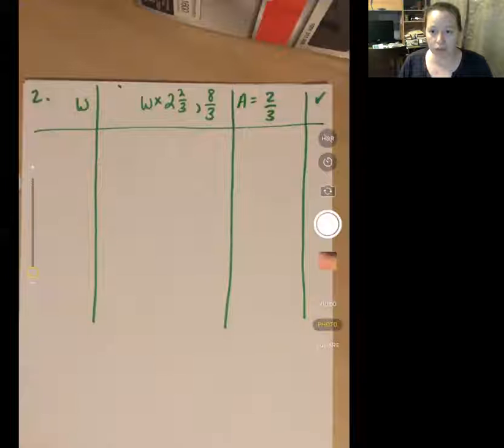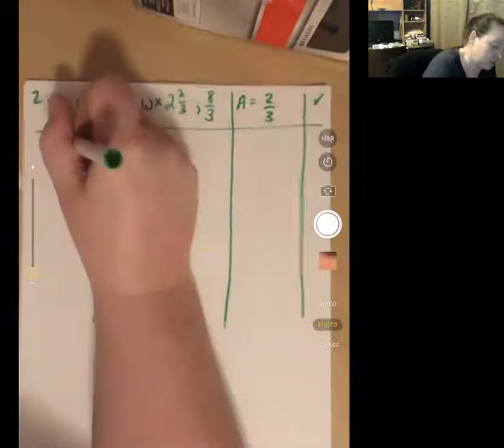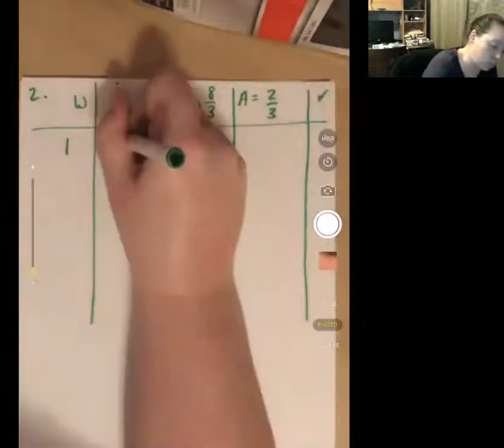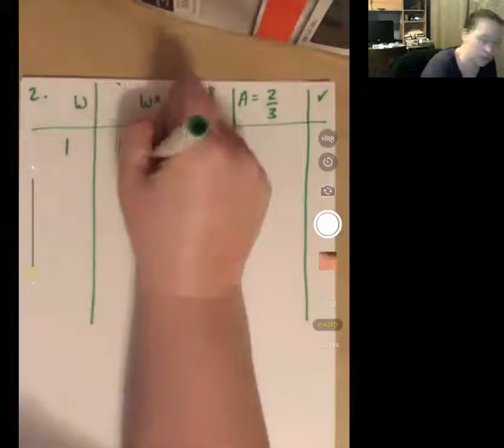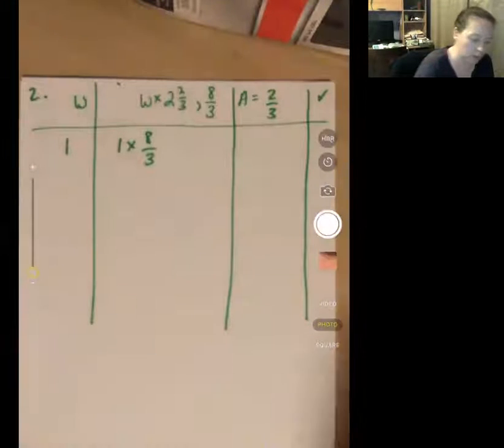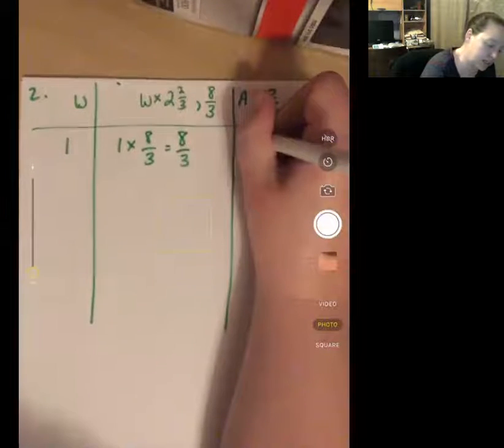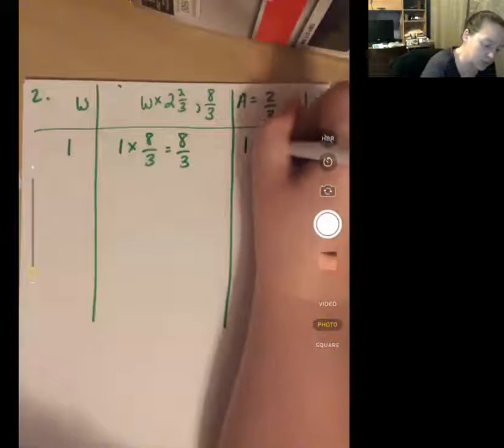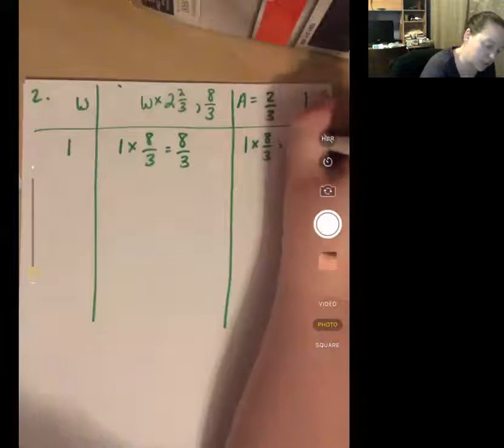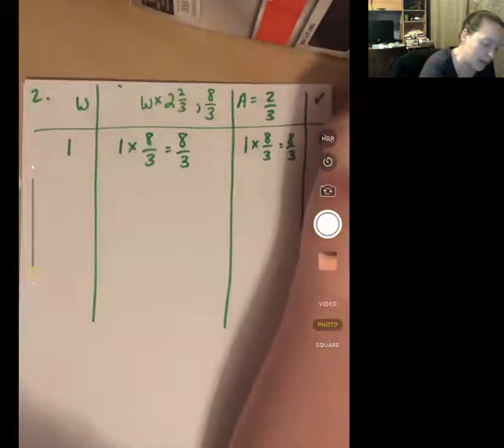Let's see what we get when I use a 1. Let's try it out and see what happens. So if I use a 1 as my width, I have 1 times 8/3, which is equal to 8/3, and then I do 1 times 8/3 thirds, which is equal to 8 thirds, which is too much.